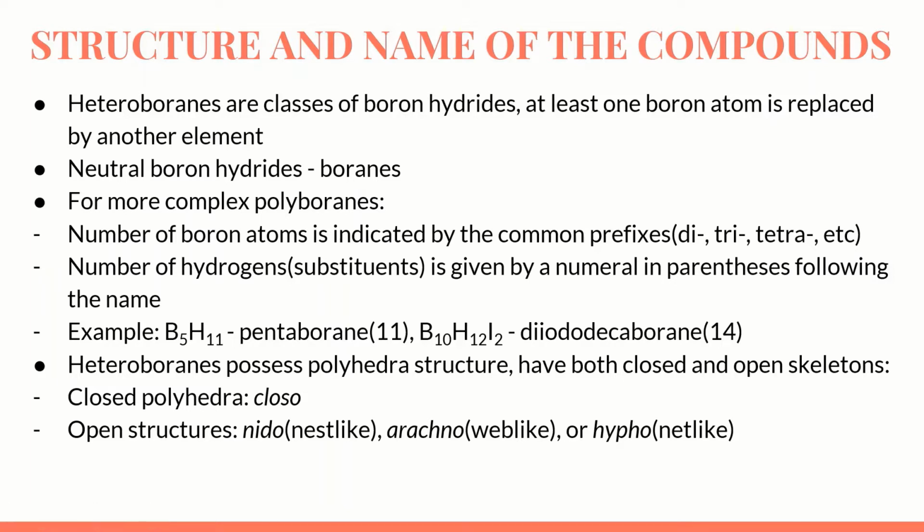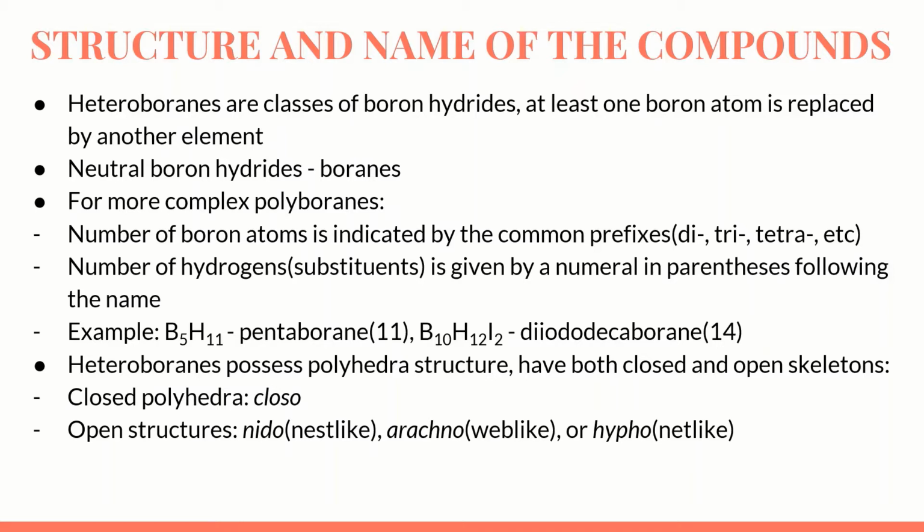Now I will proceed with the presentation on the structure and name of the compounds. Heteroboranes are classes of boron hydrides where at least one boron atom is replaced by another element. The neutral boron hydrides are termed boranes, which have been covered by the first group.